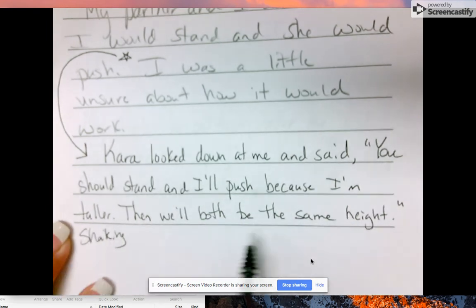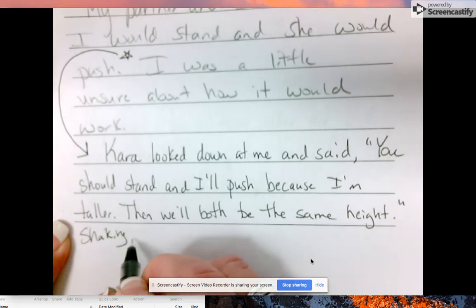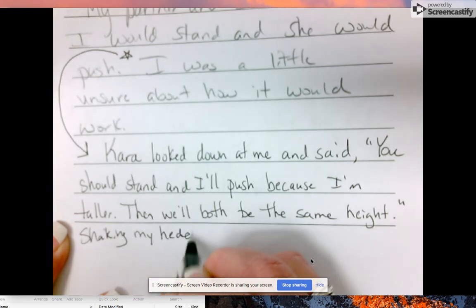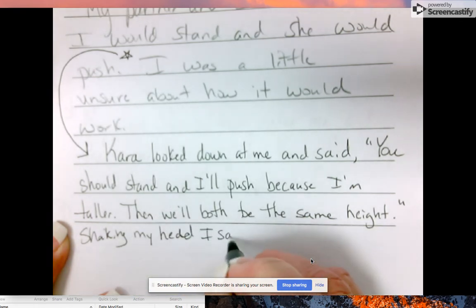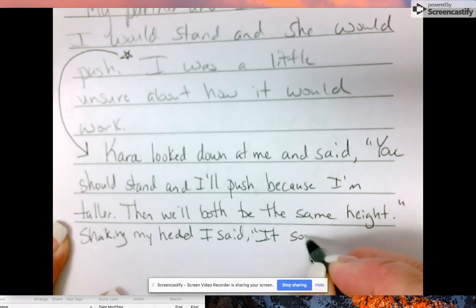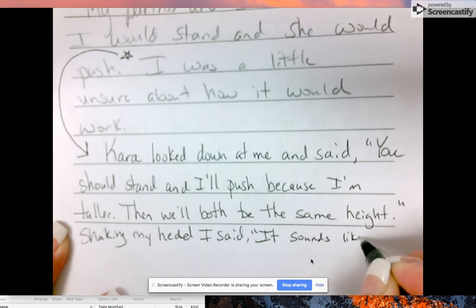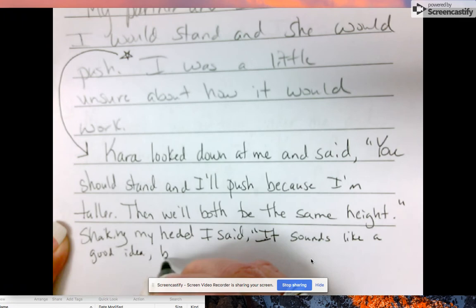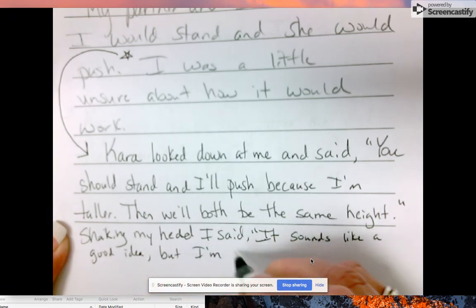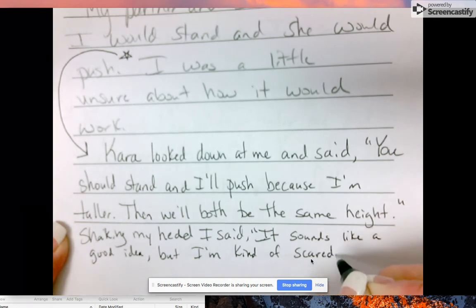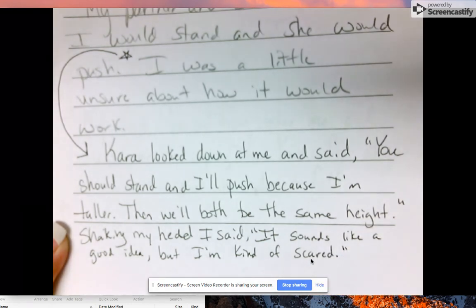Then we'll both be the same height. And then me, this is what I did. I said, shaking my head, quotation marks, it sounds like a good idea. But I'm kind of scared.